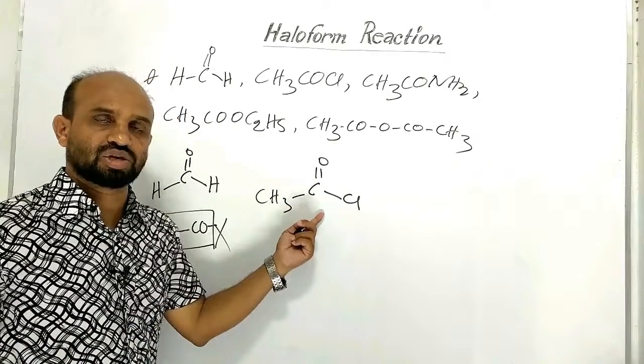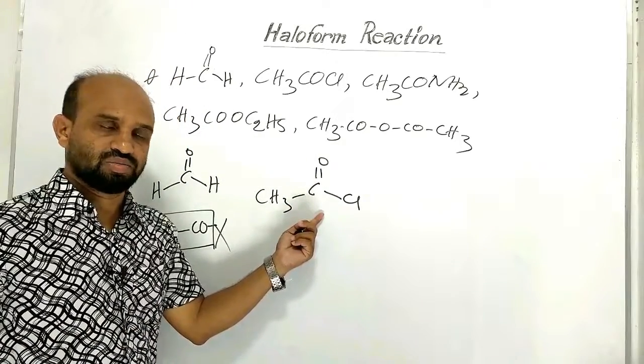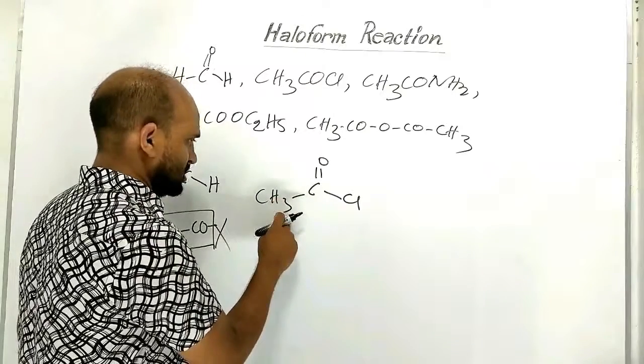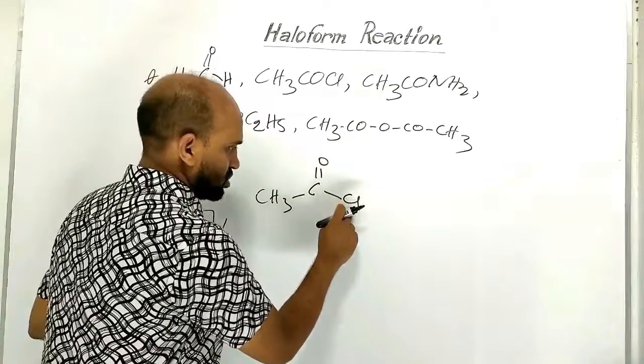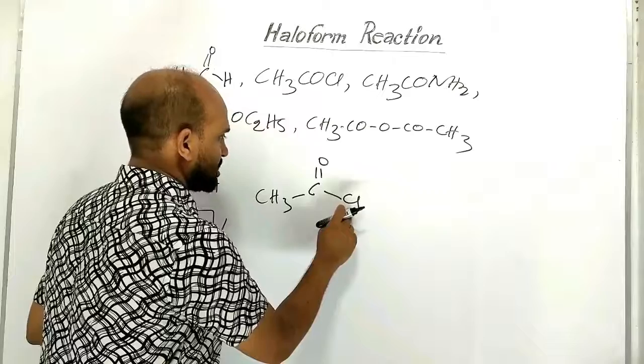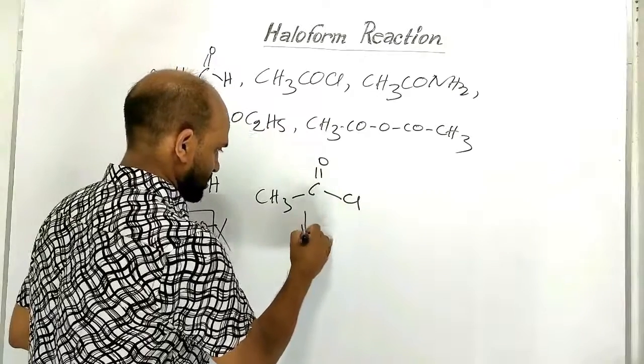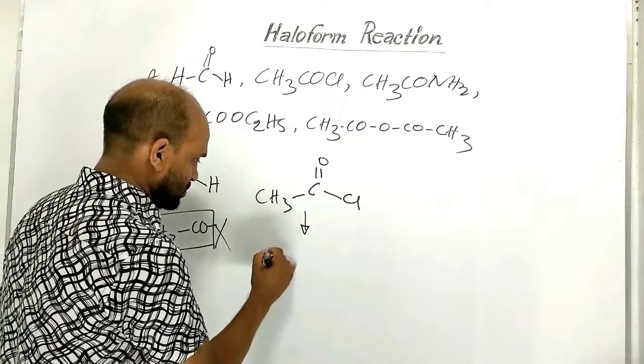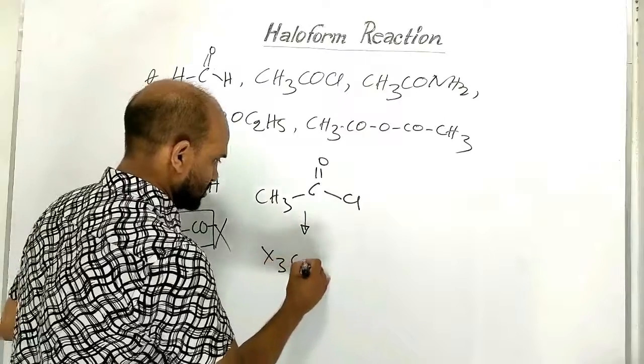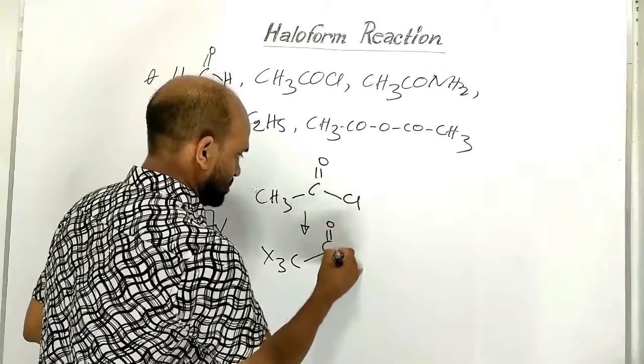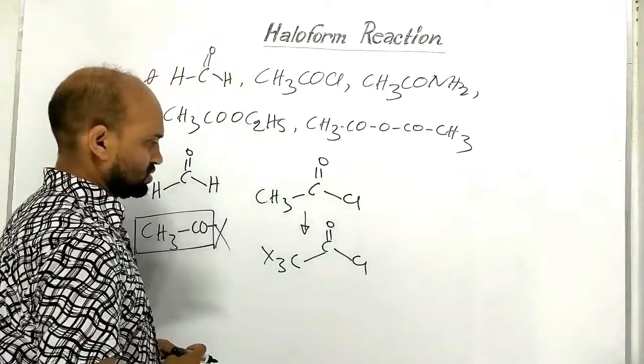Nevertheless, it doesn't undergo haloform reaction because in this case chlorine acts as beta leaving group. In this way, methyl group turns into this group.